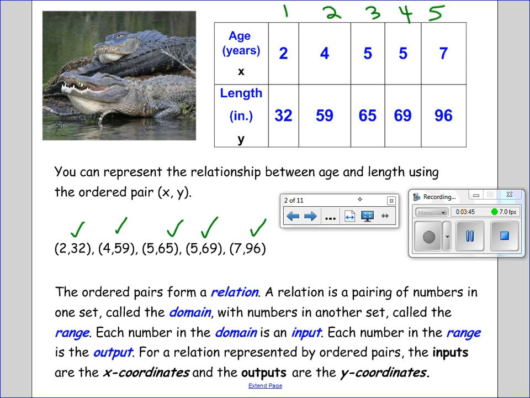For a relation represented by ordered pairs, the inputs are the x coordinates and the outputs are the y coordinates. In order for it to be a function, the domain has to be paired with exactly one of the range. And if you'll notice in this example, 5 is paired not only with 65, but the 5 repeats itself and it is paired with 69.